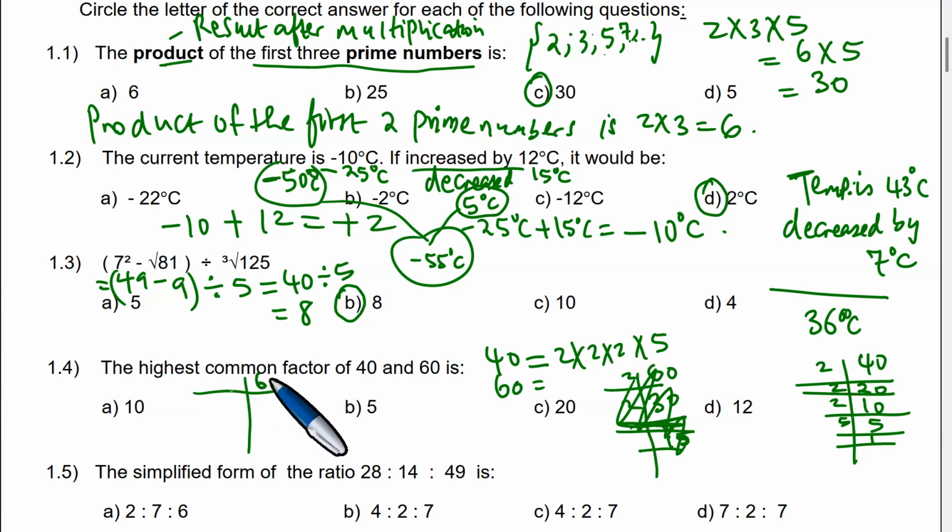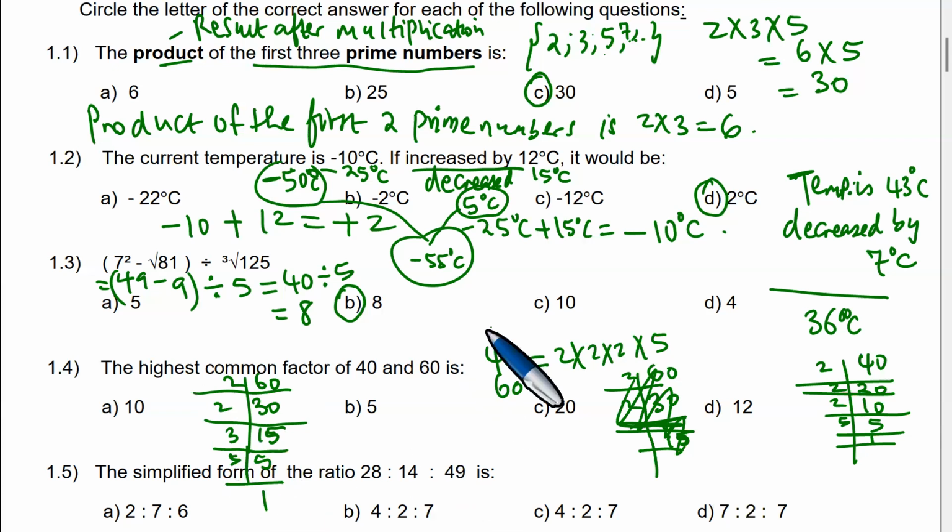You have 60. You divide 60 by 2, what do you get? You get 30. You divide 30 by 2, what do you get? 15. You divide 15 by 3, what do you get? You get 5. You divide 5 by itself, what do you get?